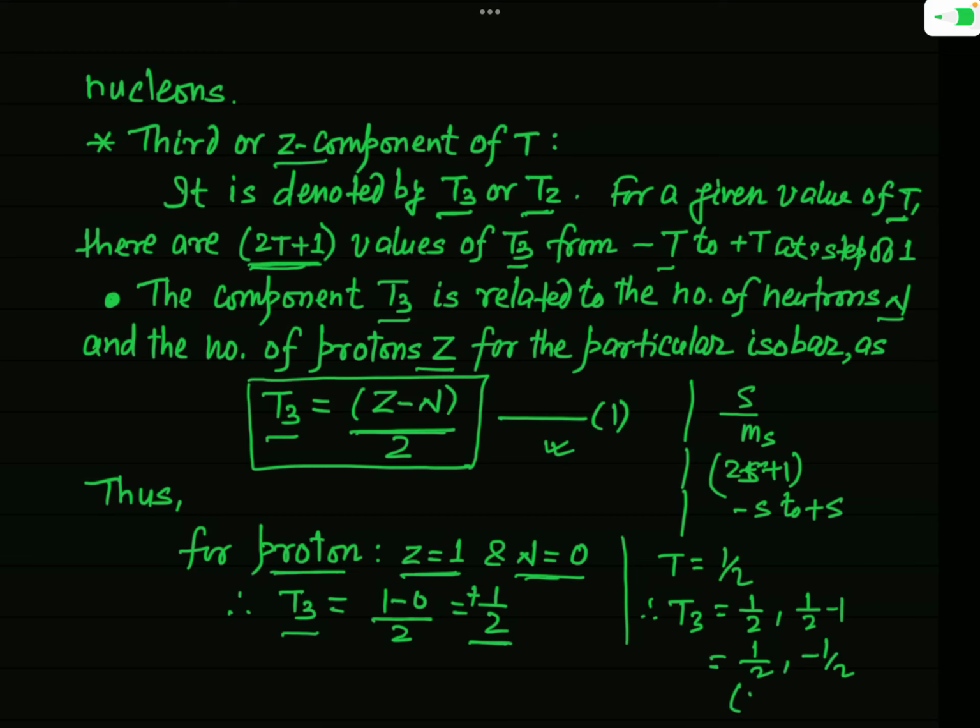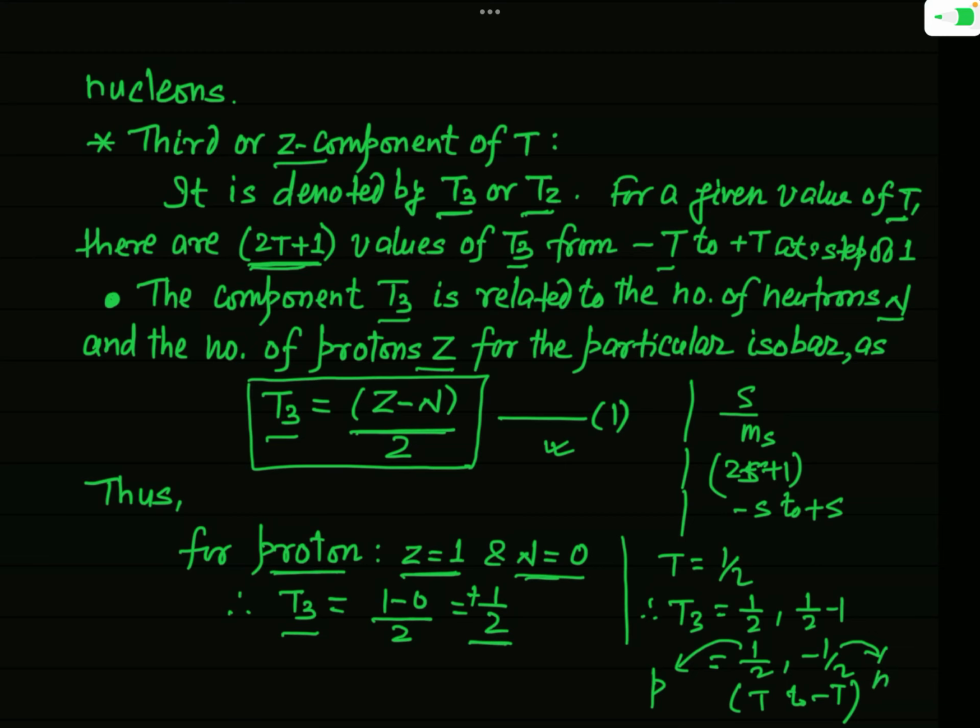So this is from T3 minus T. Okay. Now this T3 equal to 1 by 2 state represents actually proton, and T3 equal to minus 1 by 2 actually represents neutron.